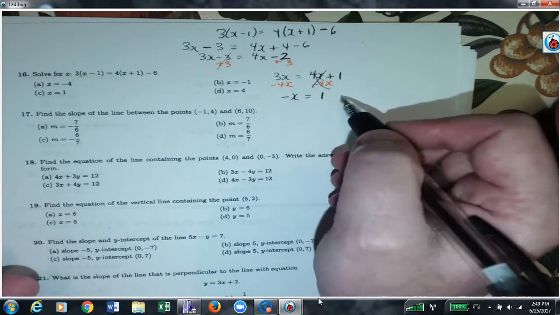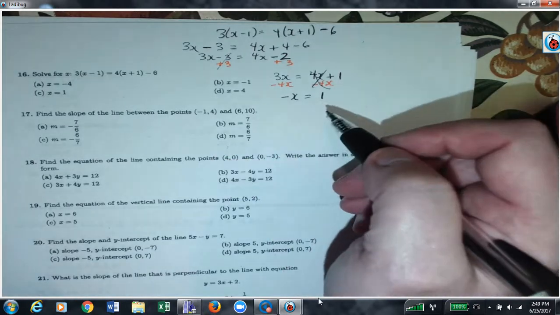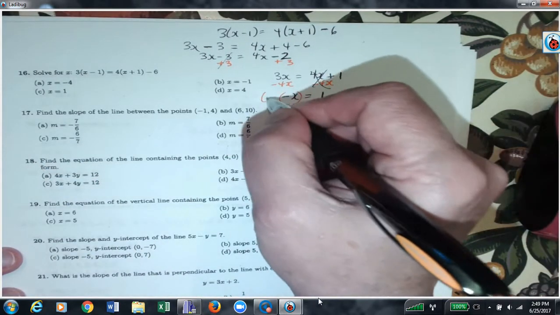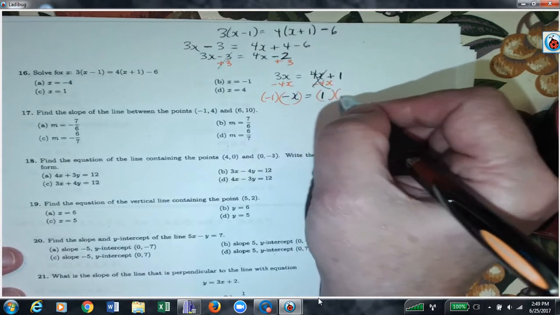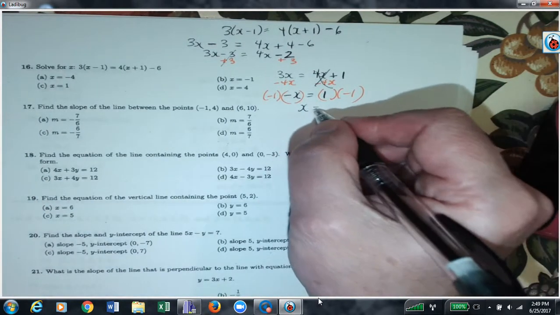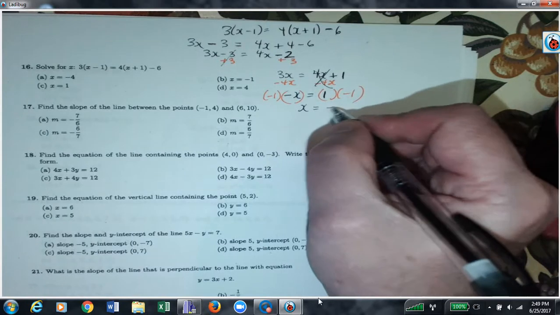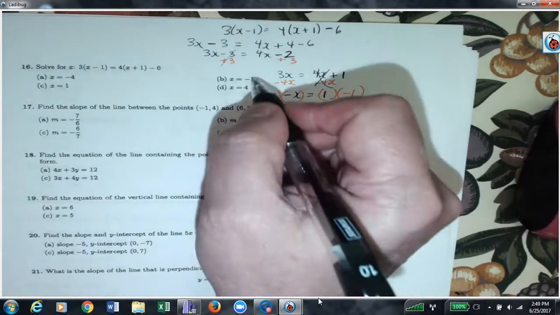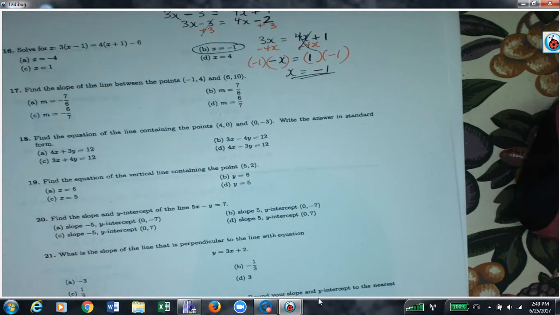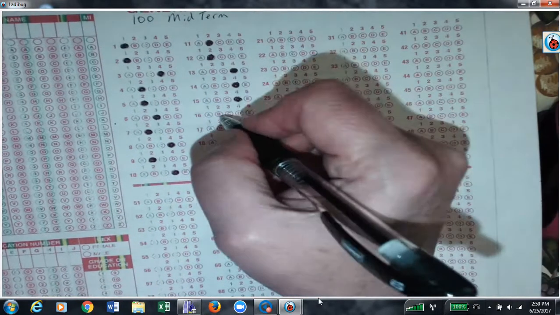So I have to negate both sides, or multiply both sides by -1, because this has got to be x. So -1 times -x gives me x, and 1 times -1 gives me -1. So I have x is equal to -1. So the answer to number 16 is B.